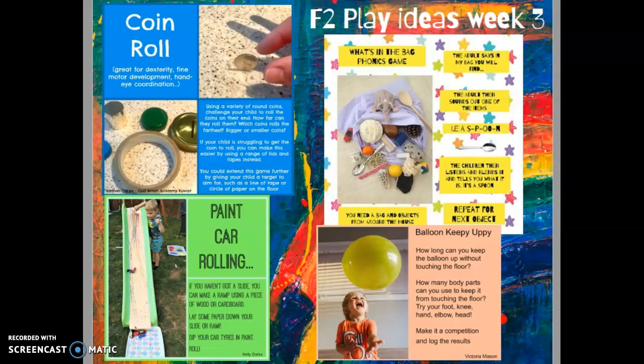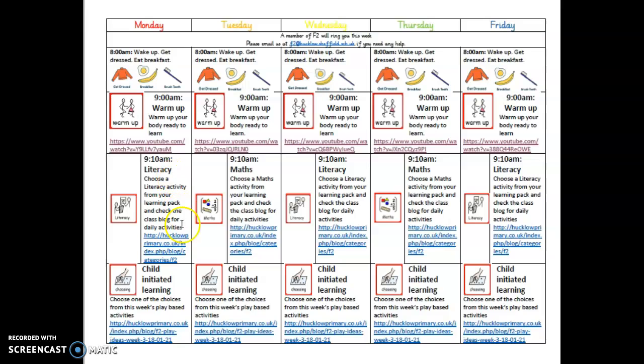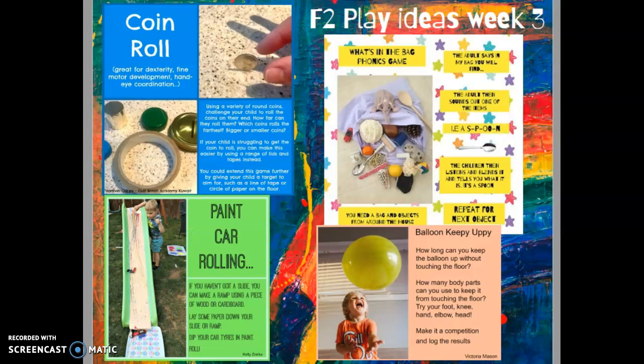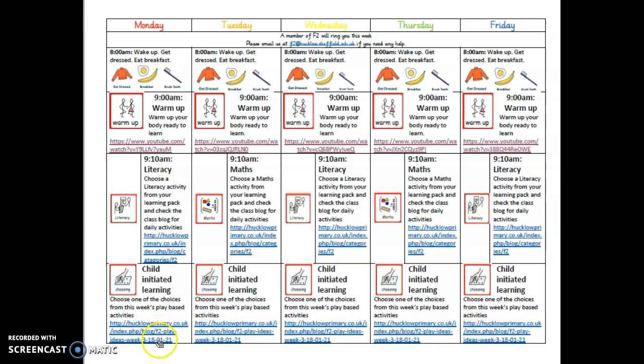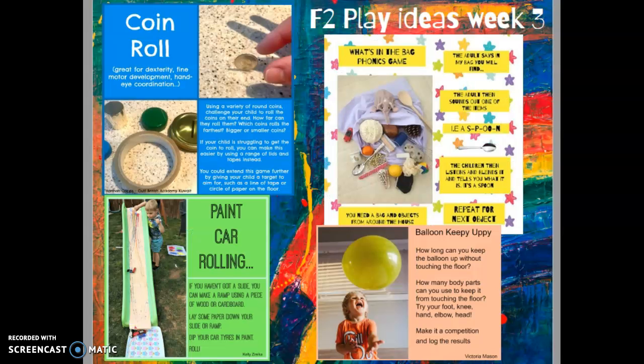So as we've said, learning through play is really important for your child at this age, because this is when they can apply their learning and show you what they really know. So once you've finished your literacy, have a go at letting your child choose one of the learning activities from the play ideas. Again, this link takes you directly to the play ideas page.